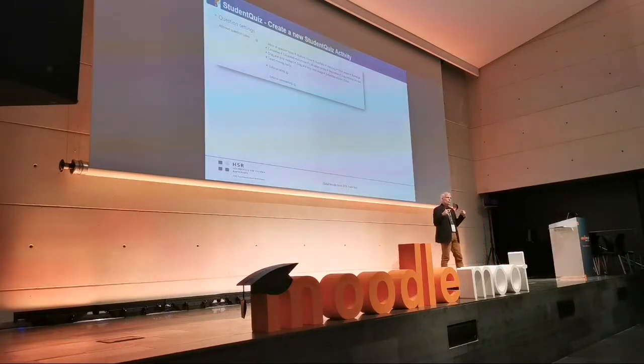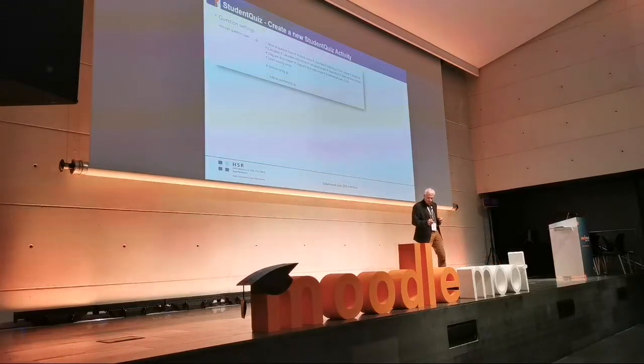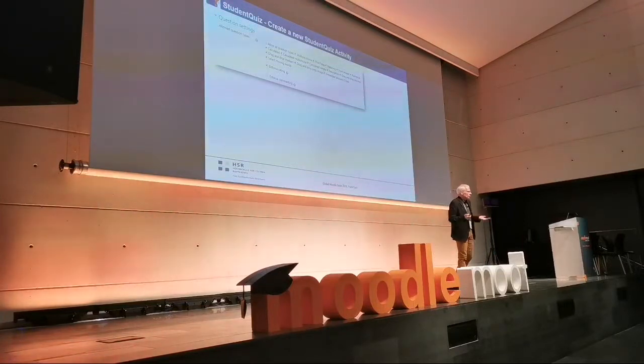When you create a student quiz, it's just like an activity, like what we've seen many times now, the H5P activity. You create a student quiz activity, and then this screen might be interesting, where you can allow different kinds of question types. Maybe you want to allow only multiple choice questions, so you tick it, or you just leave everything open, up to you.